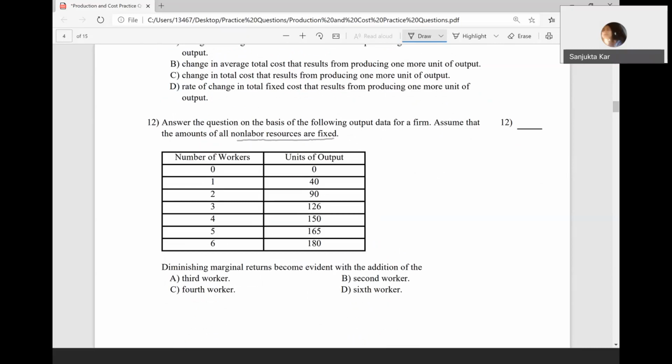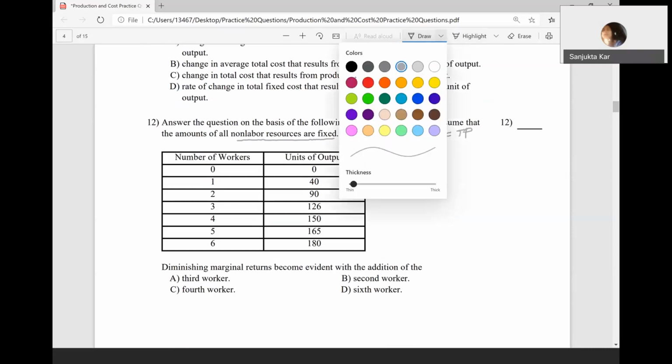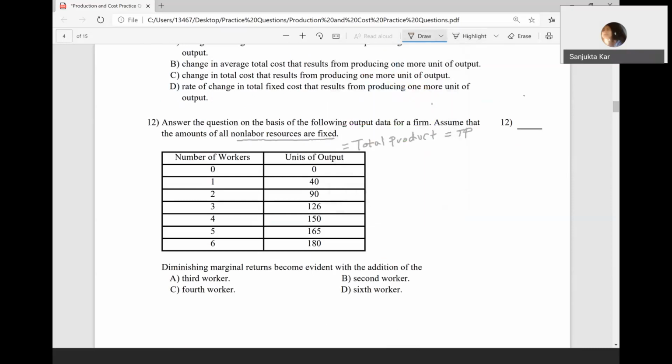This one is the total product. I can abbreviate this as TP. Now I need to find out the marginal product here, which is equal to change in total product over change in the number of workers. I really like this notation here. This one stands for change.